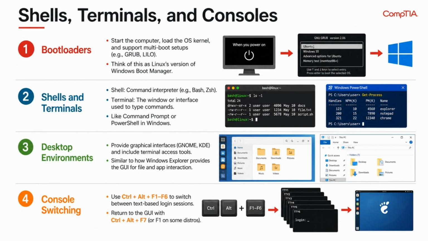A shell is the command interpreter, like bash or zsh, while a terminal is the window used to type commands, comparable to Command Prompt or PowerShell. Desktop environments like GNOME or KDE provide graphical interfaces with terminal access, similar to how Windows Explorer provides the GUI. Console switching, using Ctrl+Alt+F1 through F6, moves between text-based login sessions, returning to the GUI with Ctrl+Alt+F7.